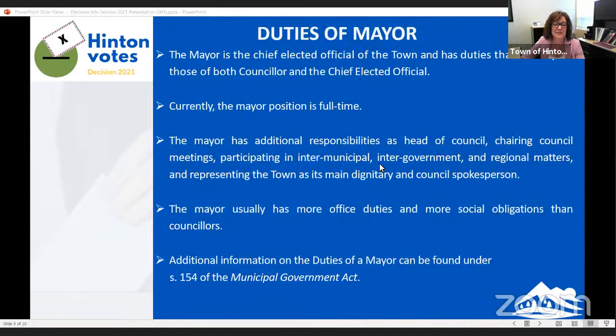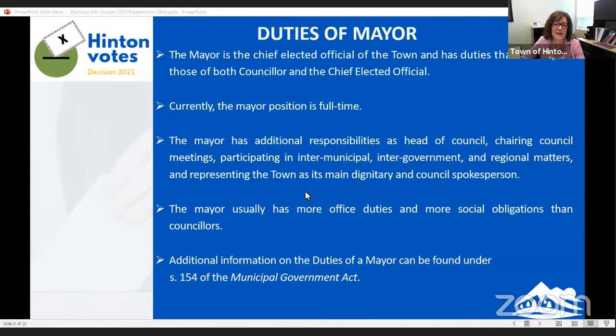Then we go over the duties of the mayor. The mayor is the chief elected official of the town and has duties that encompass those of both councillors and the chief elected official. Currently, the mayor position is full-time.